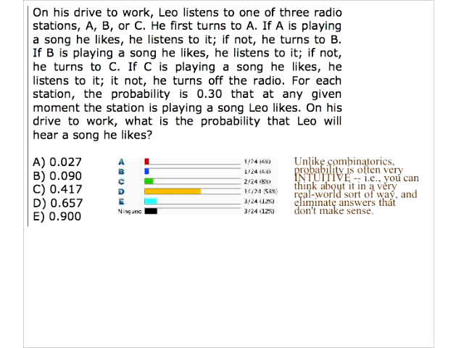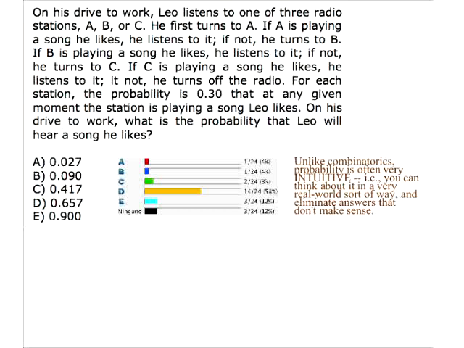For instance, Leo is flipping through 3 different stations, and if you get a song that works at any point, then you win. So answers A and B don't make sense, because the chance that you get a song you like on the first station that you flip to is already 30%.